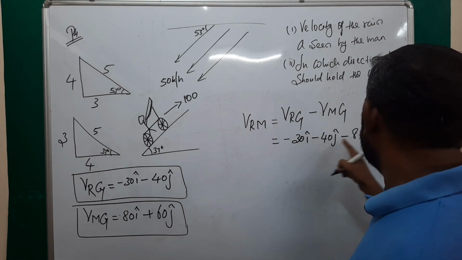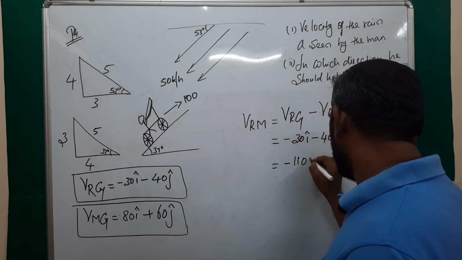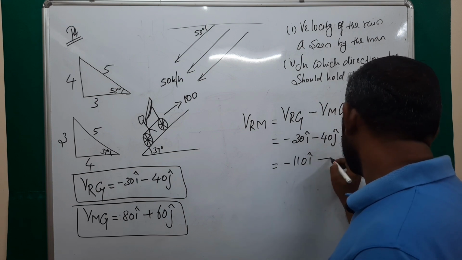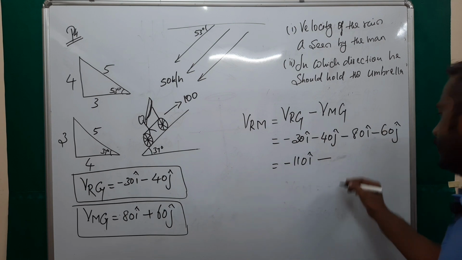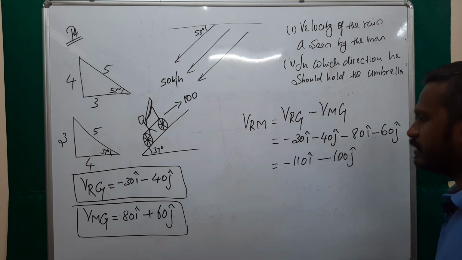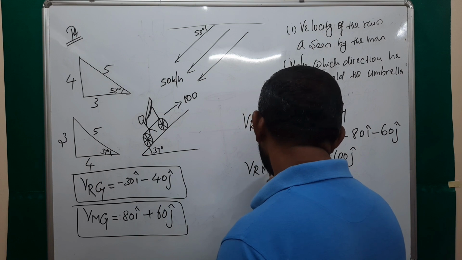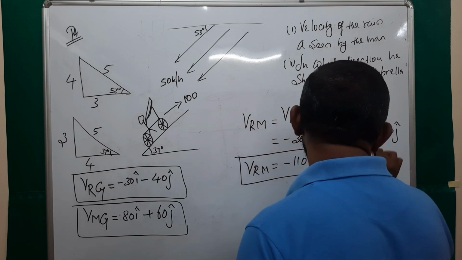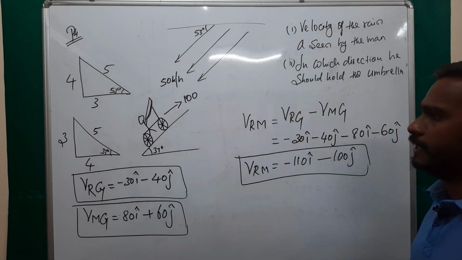So minus 30 minus 80 is minus 110 i cap, and minus 40 minus 60 is minus 100 j cap. This is the velocity of the rain with respect to the man. So that is the answer for the first question: velocity of the rain as seen by the man.